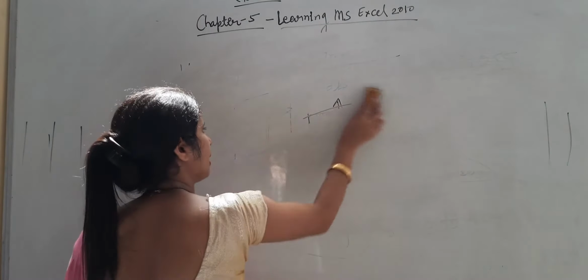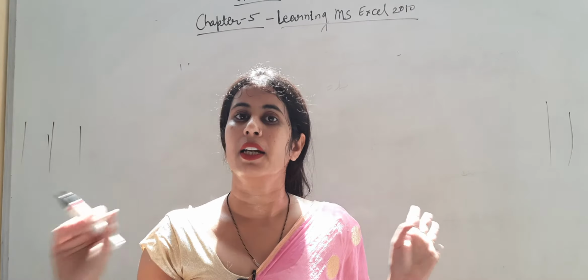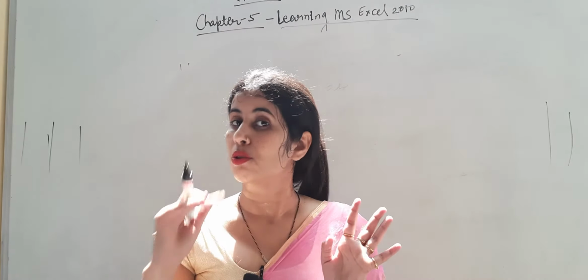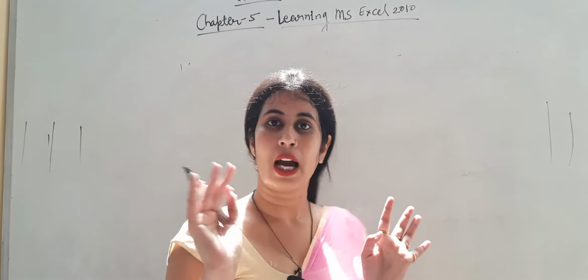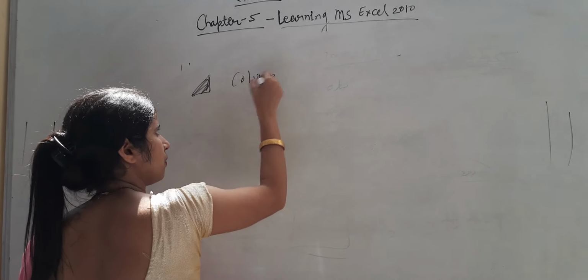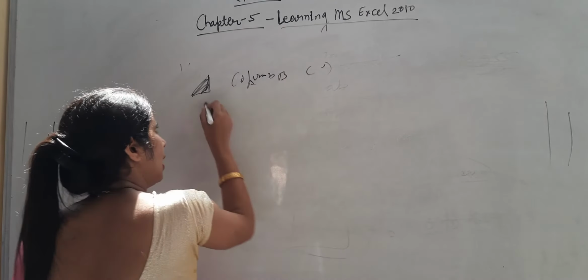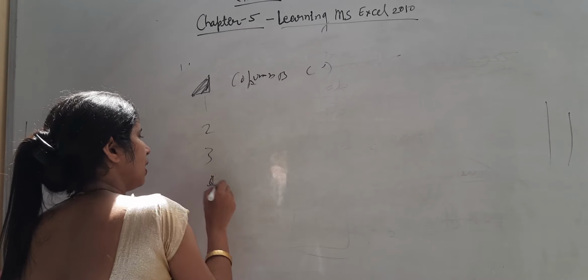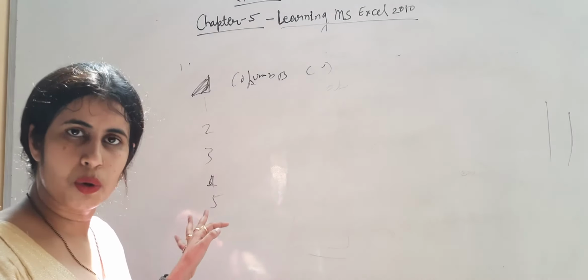Next is how to automatically set the content. Suppose you want to change the row height and column width, but you want to set it for the whole worksheet. What you need to do is click here on the Select All button. What is the Select All button? Here you will find all the columns in the form of A, B, C, D. Here you will find the row numbers, meaning row headings.